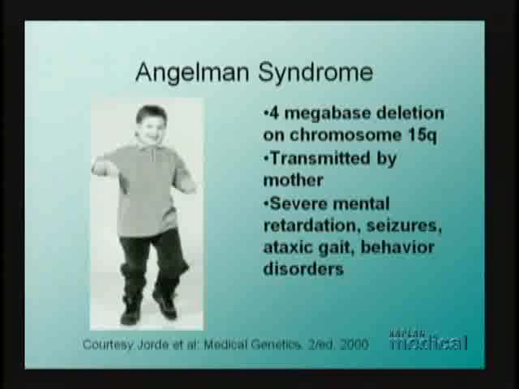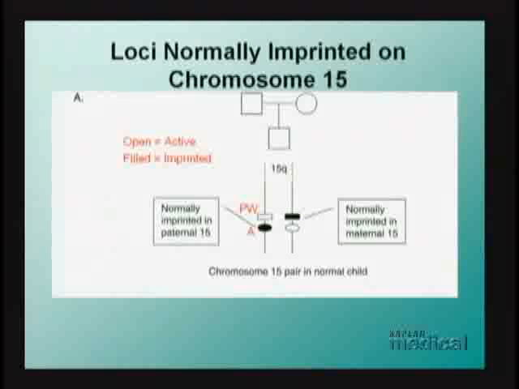So, how can we explain this? How can we have two completely different diseases caused by inheritance of the same mutation, just depending on whether that deletion comes from the father or the mother? Here is the idea.